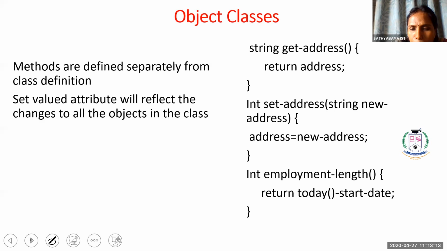And the employment length, in the sense, the period of this employee, the period of this particular employee. So when he joined up to the current date, that can be represented and will be written. So it is a normal sample example being done here. In that way, you have to define the class and declare all your data members and declare all your member functions and define your member functions also.